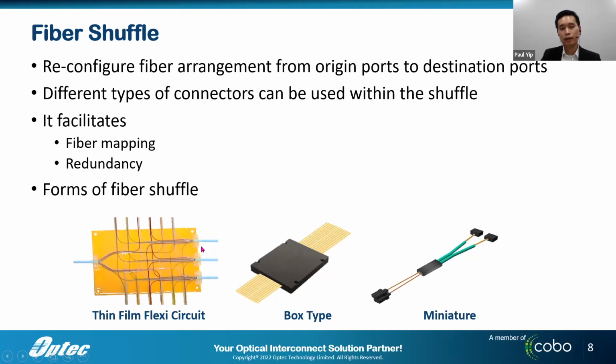The connectors can be of different types, to facilitate different bits in the midboard or in the faceplate, even on the external light source. These are other kinds of fiber shuffles on top of our flexi circuit. We can also use a box to hold all these fibers, or minimize the fiber count to put them inside a miniature. So it's a pretty flexible solution.